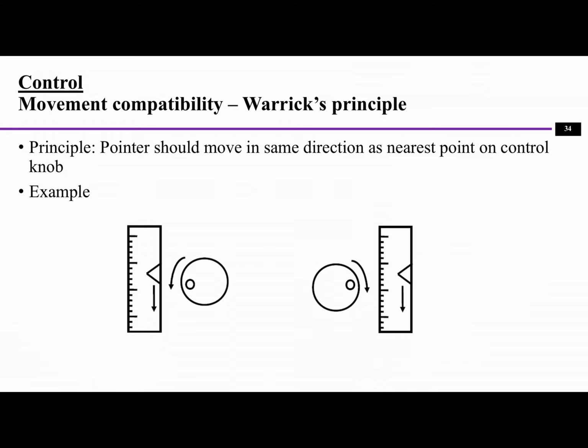And so one of the compatibility principles is the Warrick's principle. Basically, the principle is that the pointer should move in the same direction as the nearest point on the control knob. What does it mean? This is a pointer, and this is the display, and when this knob is turning in this direction, the value on the display also turns in this direction.